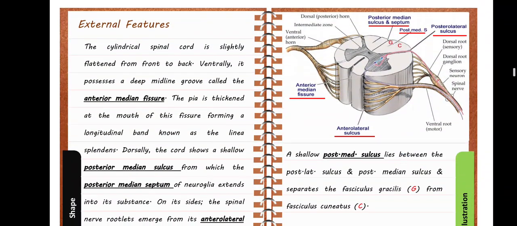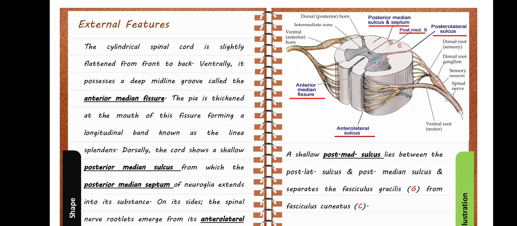Now we are moving on to the external features of the spinal cord. We are done with the meninges, the pia, the dura, and the arachnoid. Taking it from outside to inside: the dura, arachnoid, then the pia.